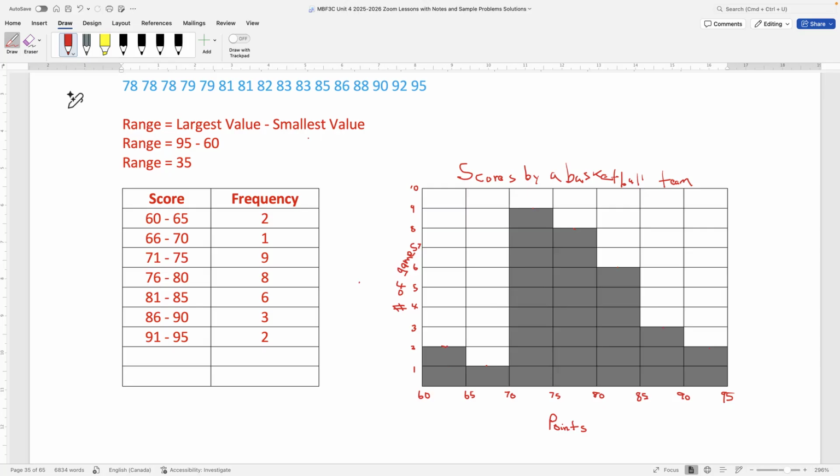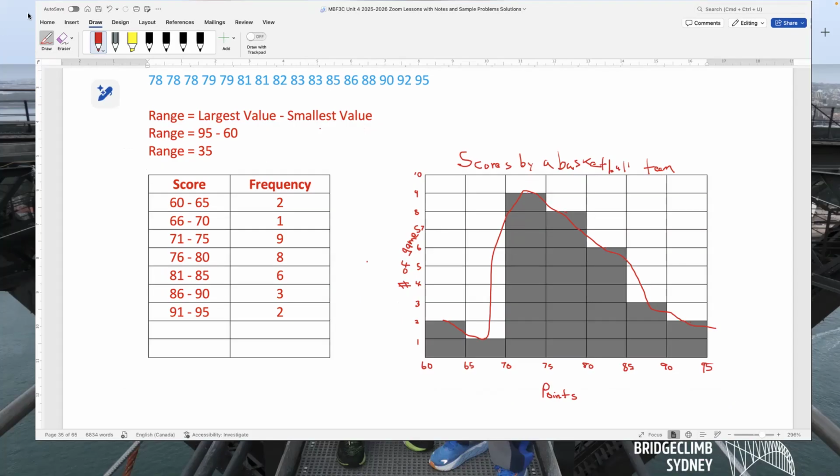So I would come down, go up through here, and then come down. Not a really good curve, but see what I mean? I would put a dot at the top of each one of these bars and then draw a curve. It would be easier to do on a piece of paper with a pencil than on the computer using a mouse. But that's how we would see what type of distribution this is. So I would probably say it's a right skewed distribution.